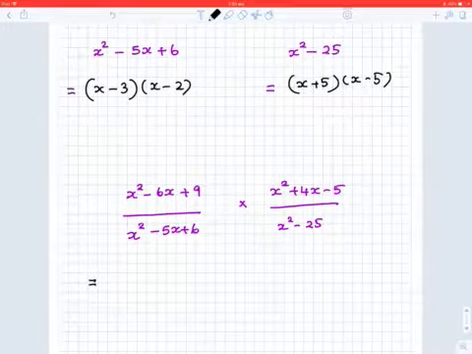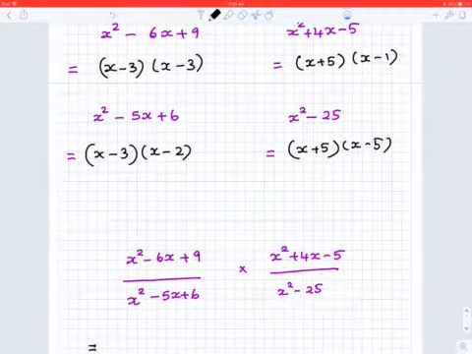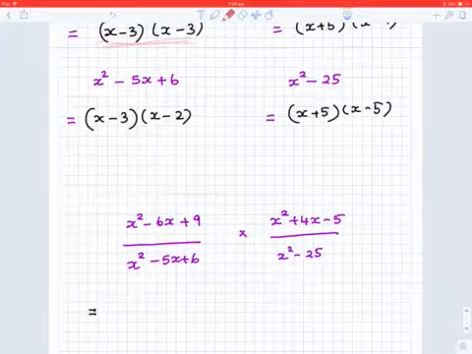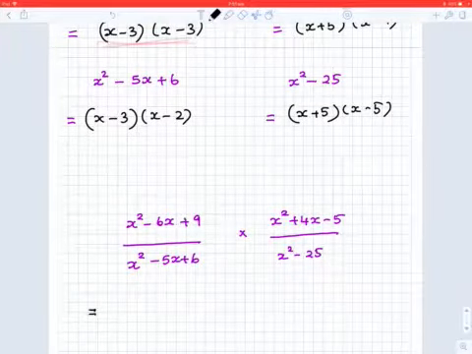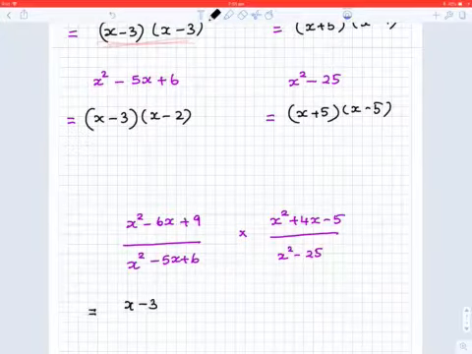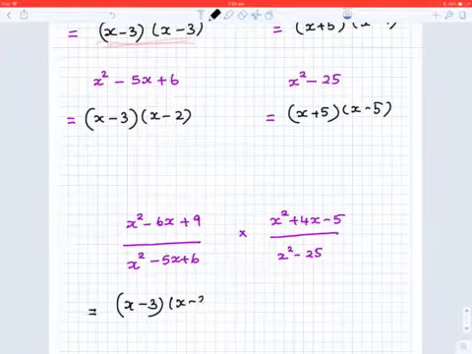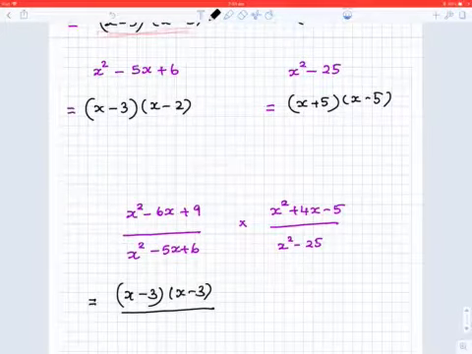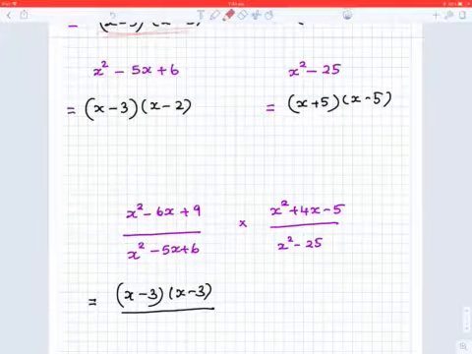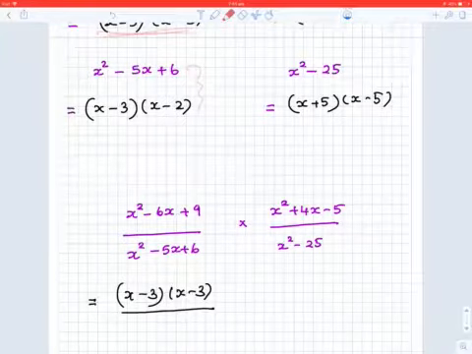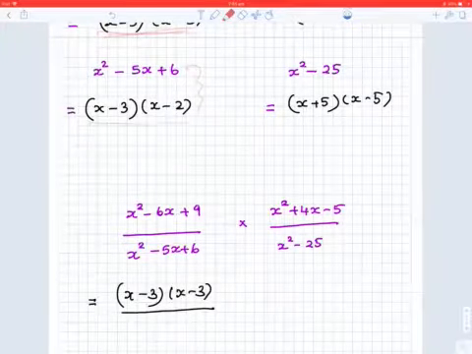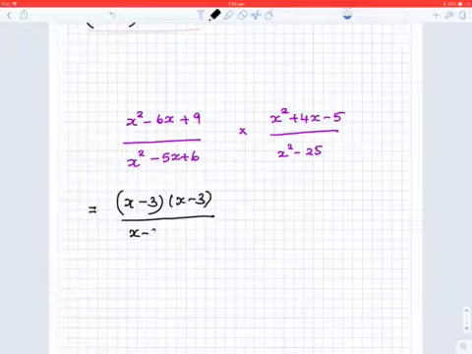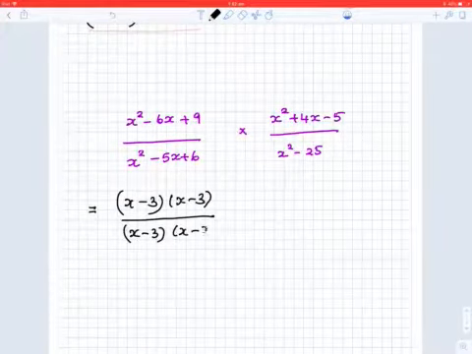Now, I know x square minus 6x plus 9 is x minus 3 times x minus 3. Then divided by x square minus 5x plus 6, which is x minus 2 times x minus 3.